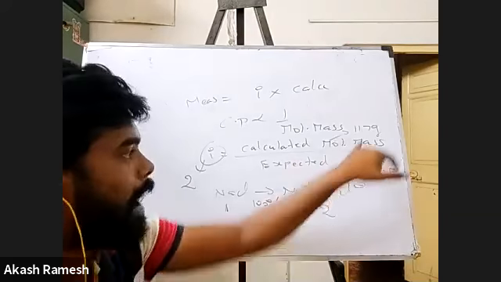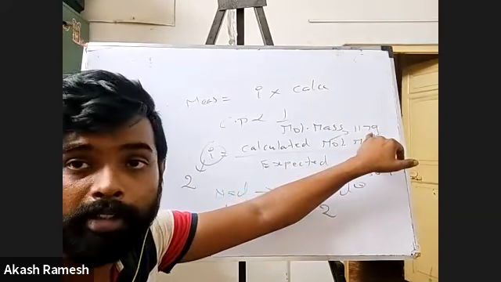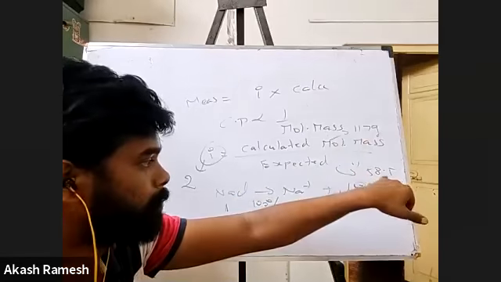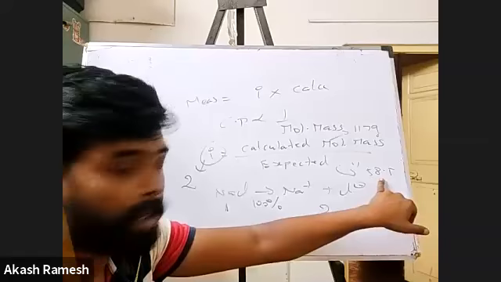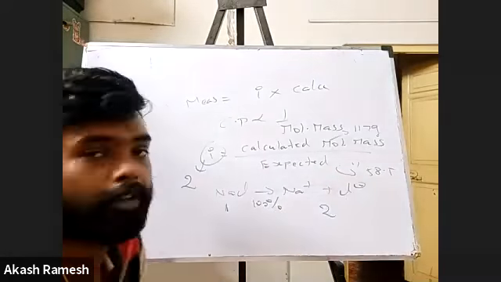But what we expect in reality is 58.5. So this divided by this, the Van't factor will be 2.